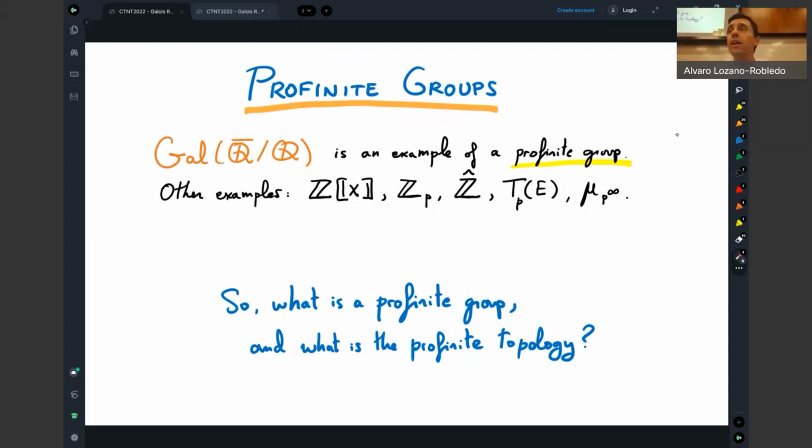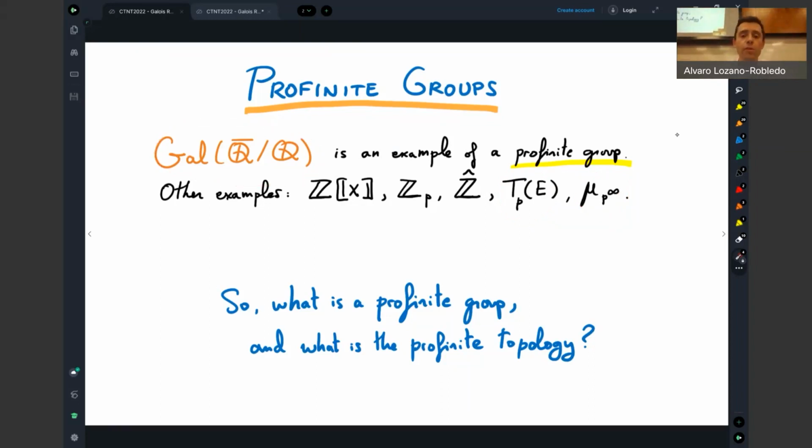The p-adics is an example of profinite groups. Z hat is a profinite group. This is what we call the Tate module attached to an elliptic curve. That's a profinite group. That is all the p power roots of unity. That is a profinite group. And the Galois groups of infinite extensions, those are profinite groups as well.